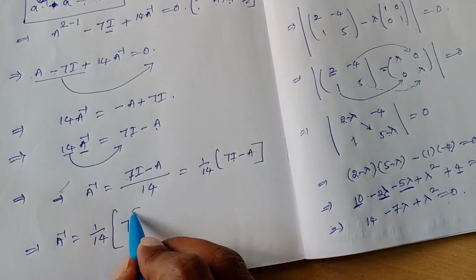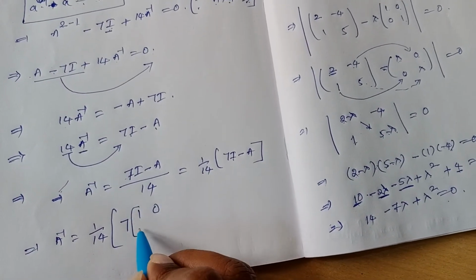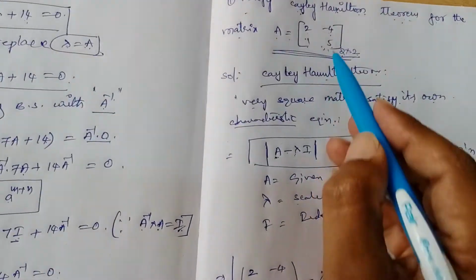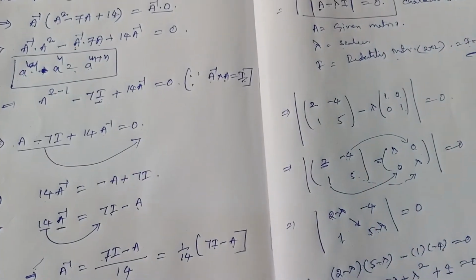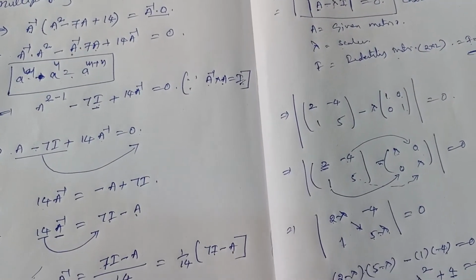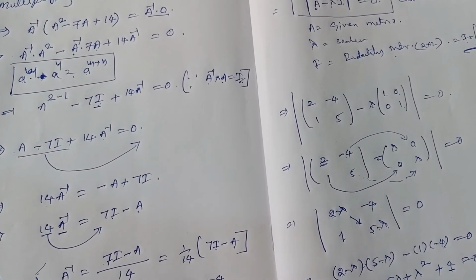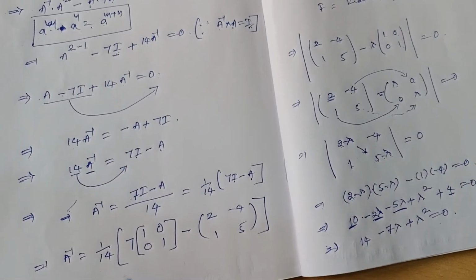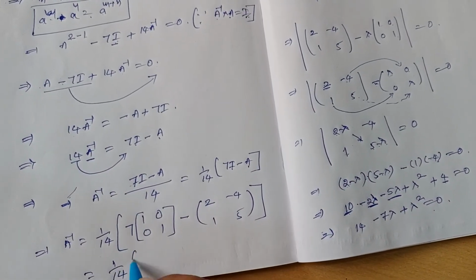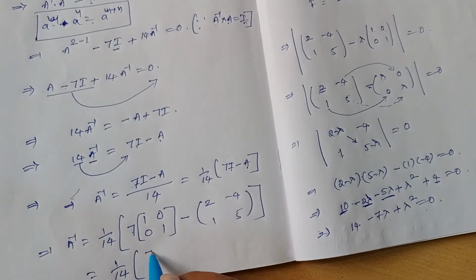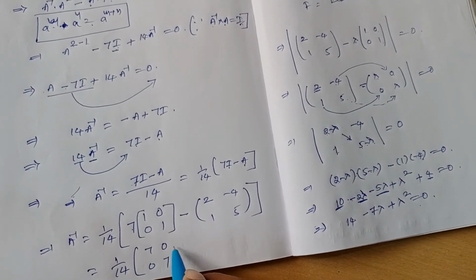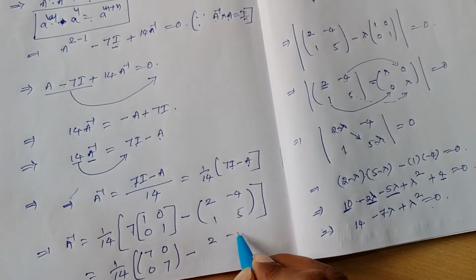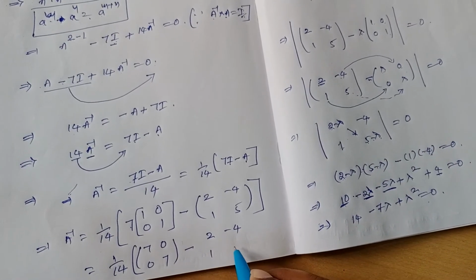I is the identity matrix, that is 1 0 0 1, minus A is the given matrix, that is 2 minus 4 1 5. Close the bracket. Then 1 by 14 into this is 7 0 0 7 minus, as it is, 2 minus 4 1 5.